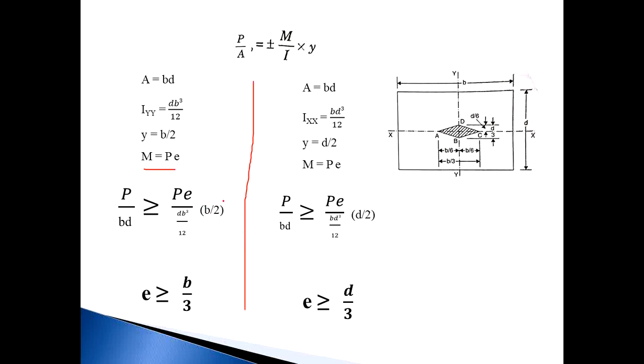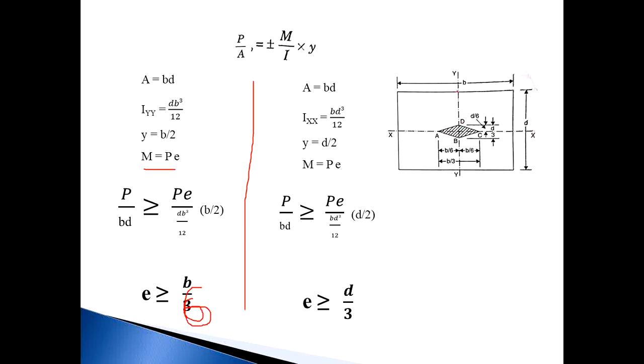Simplifying this equation, we get E is equal to B by 6. So this is with respect to the x-axis. So B by 6 and B by 6, it becomes A to C distance is B by 3.